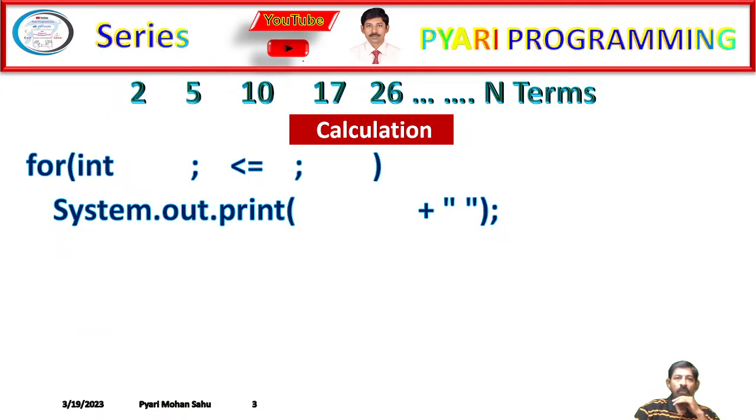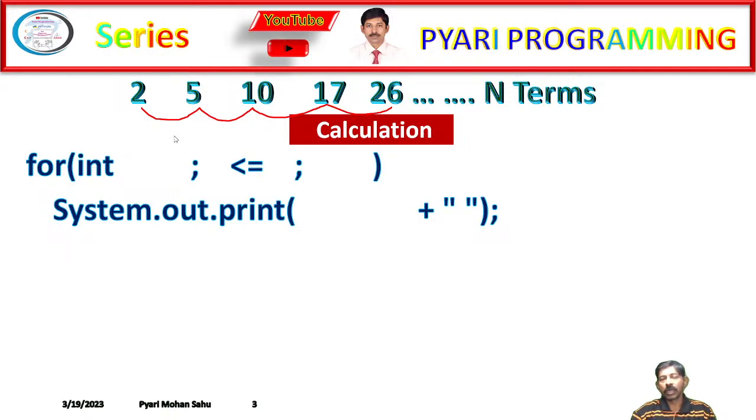First of all my job is to find the updation part between 2 and 5, 5 and 10, 10 and 17, 17 and 26, like this. How to find it? We have to think about the gap between these values.